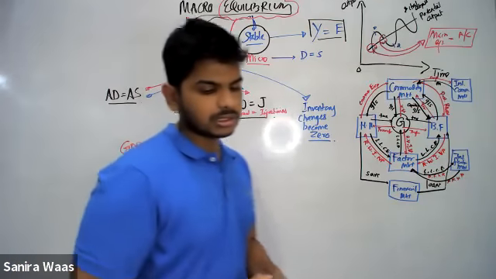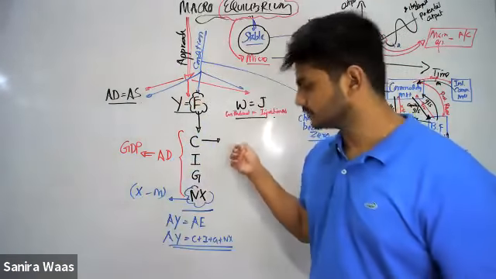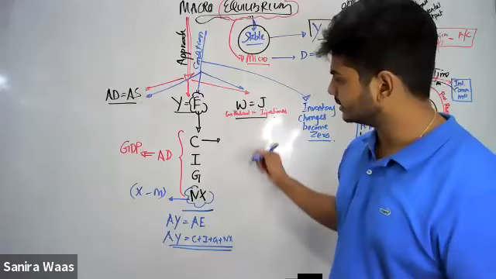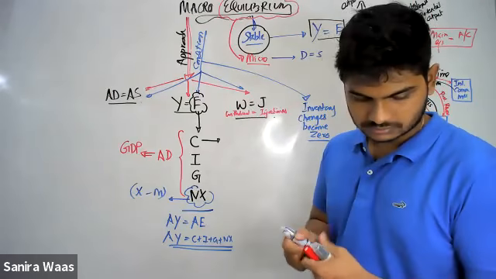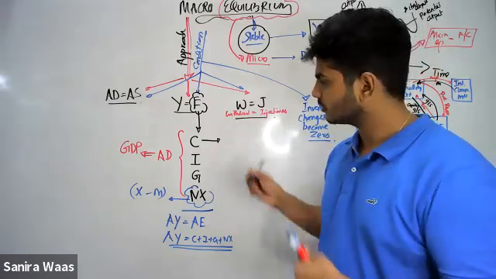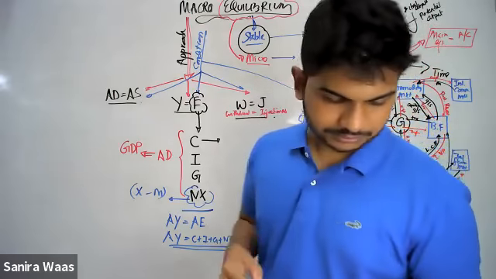Tell me, what are the components? What do we have here?